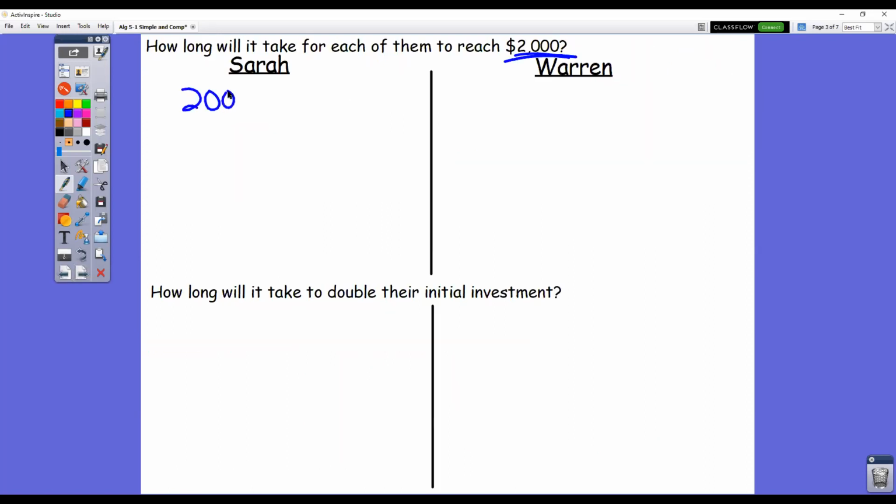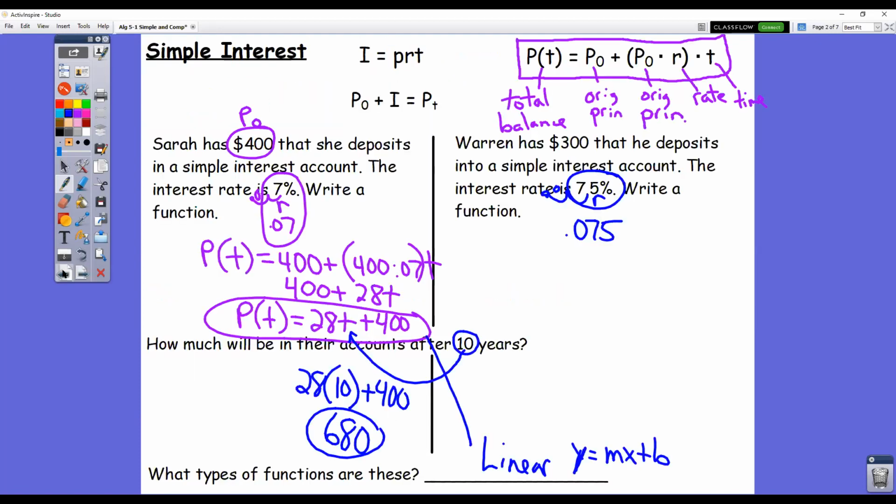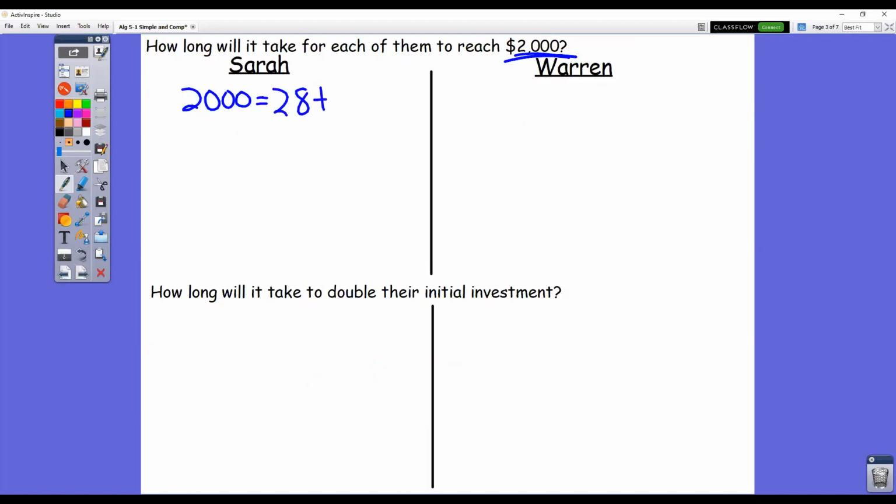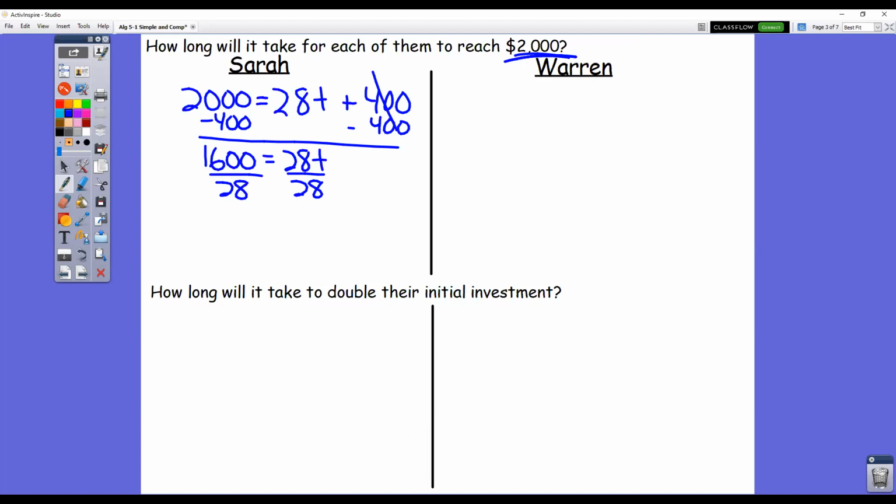So 2,000 equals 28t plus 400. We subbed in the amount of money at a certain time, and we're looking for the time. This is a 2-step equation. So minus 400, minus 400. So 1,600 equals 28t. Divide by 28, divide by 28.